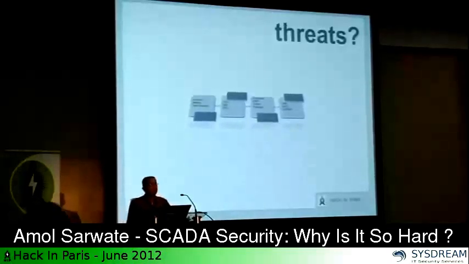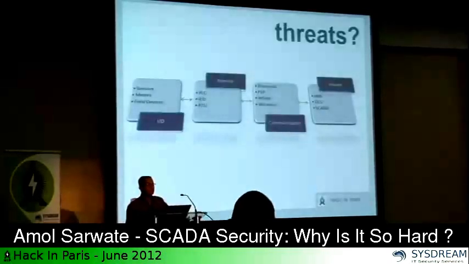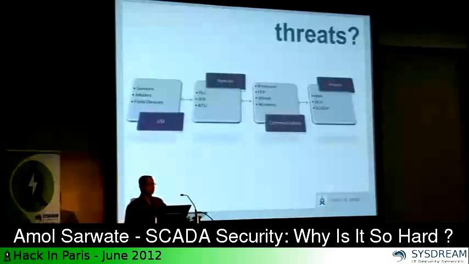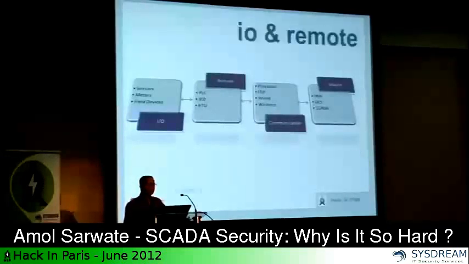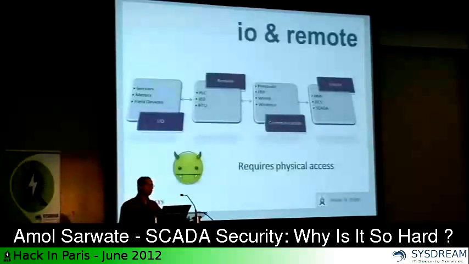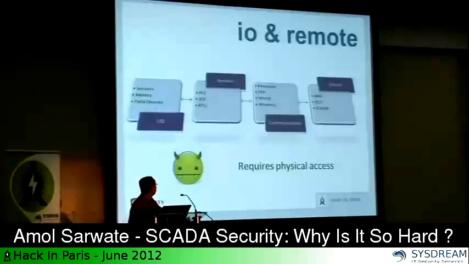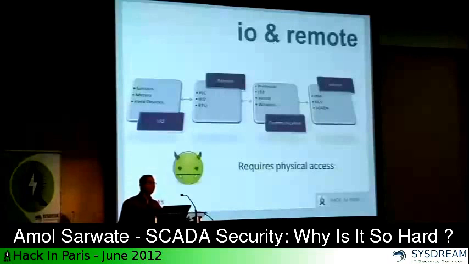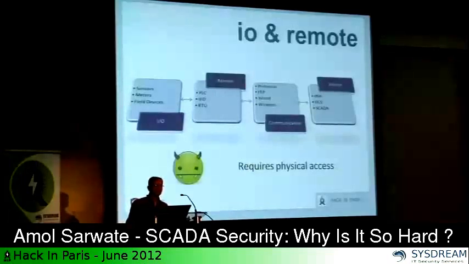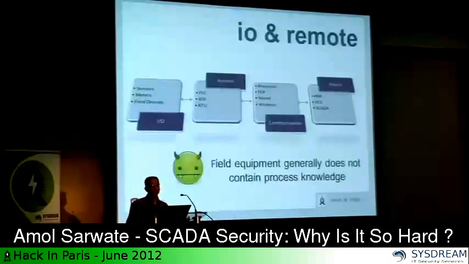So where are the threats? We saw that we have these field devices out there. We have data acquisition, data conversion, communication, and command and control. We studied some of the threats which could happen between these two components, but most probably they require physical access. Field equipment, which is basically the sensors, meters, or field devices, generally do not contain process knowledge.